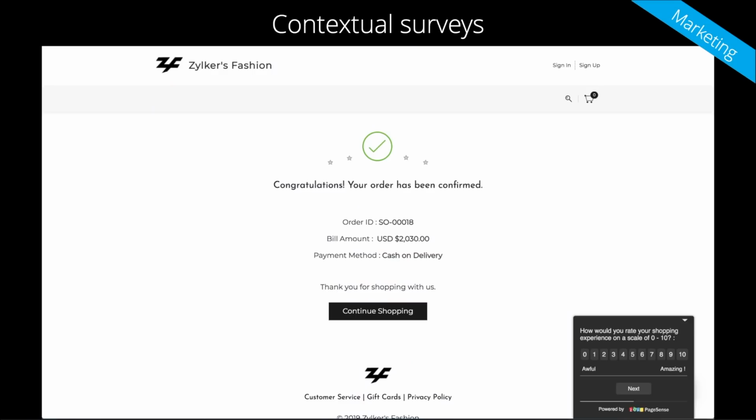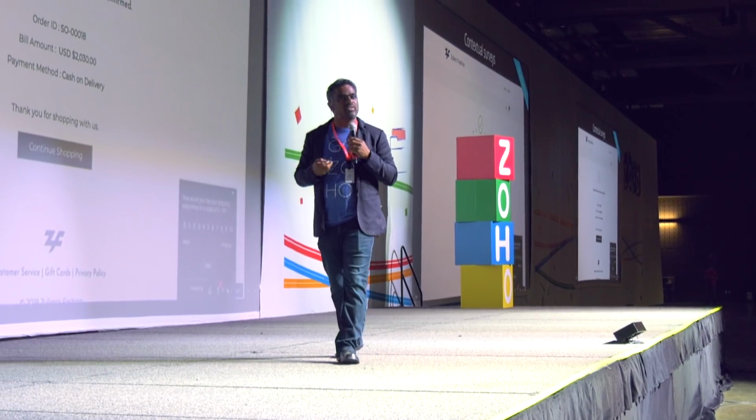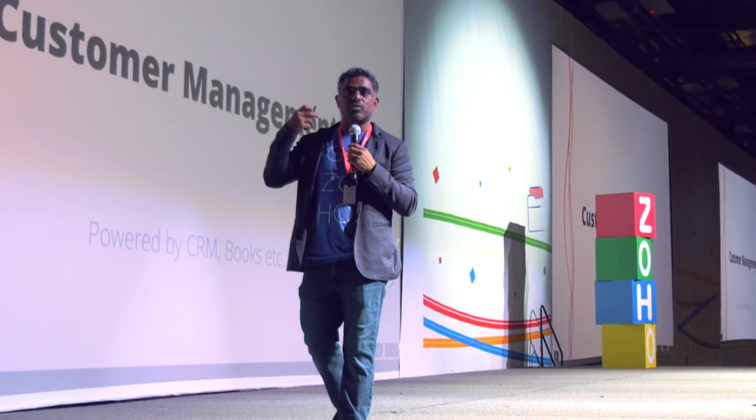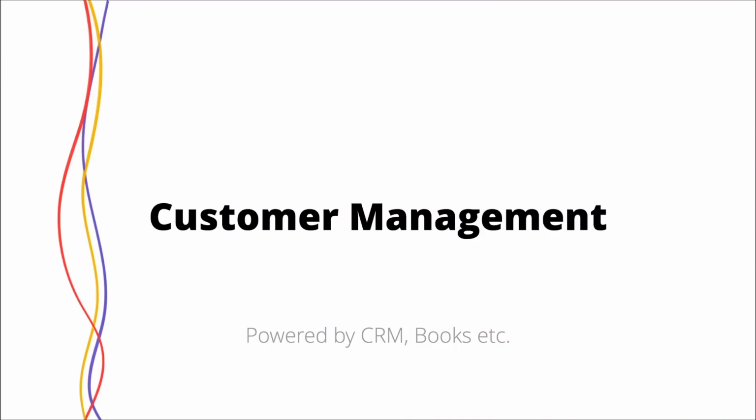And of course, after a successful order, you can get some survey created and integrate that into your website, and you can gather that feedback, run reports on the feedback, and all of this is integrated right into the platform. And of course, there is a customer management side on the sales side.